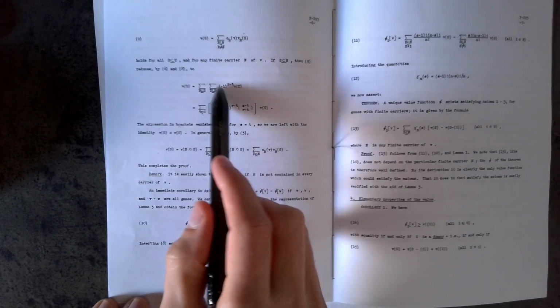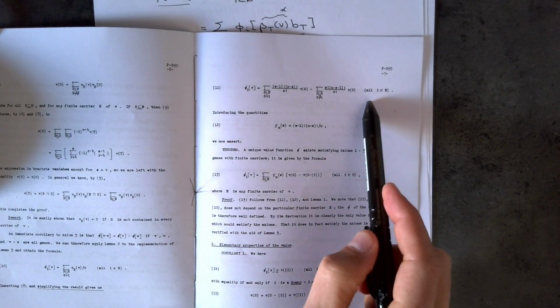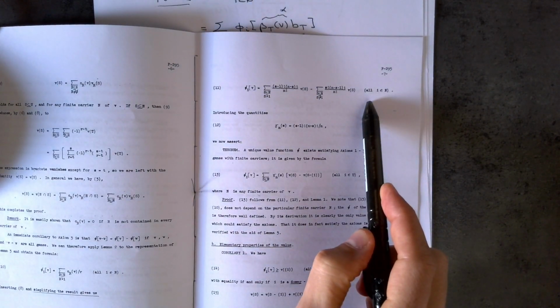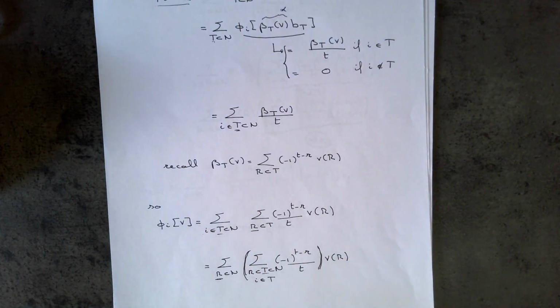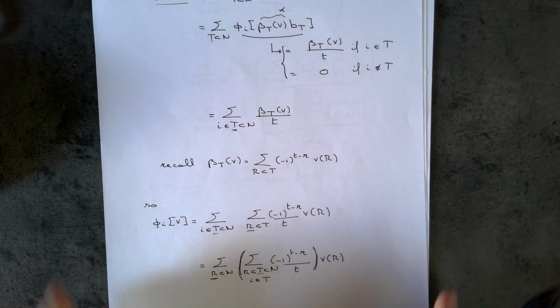Shapley says, inserting 8, which is this expression for the beta, and then simplifying, we get the following result, which is the expression that we know for the Shapley value. So the only thing we need to do now is simplifying, but the simplification will take us a little bit of work.